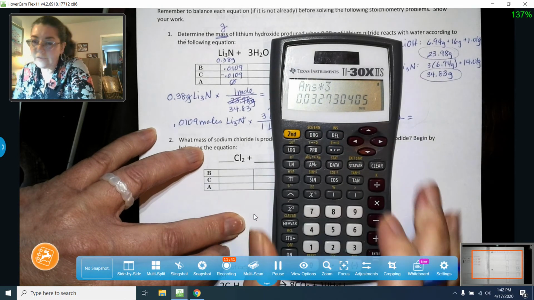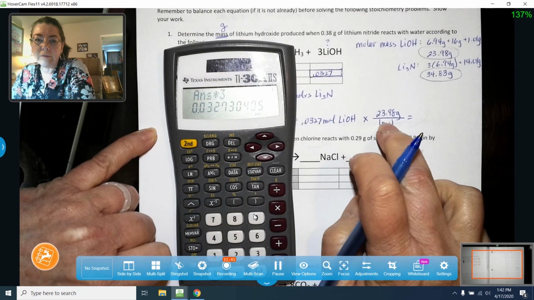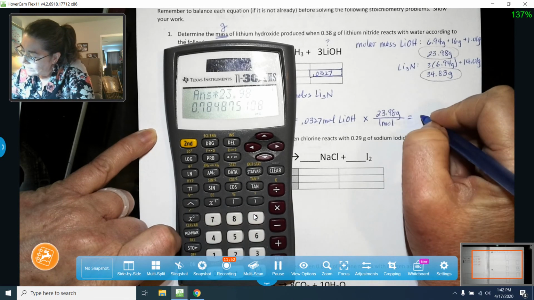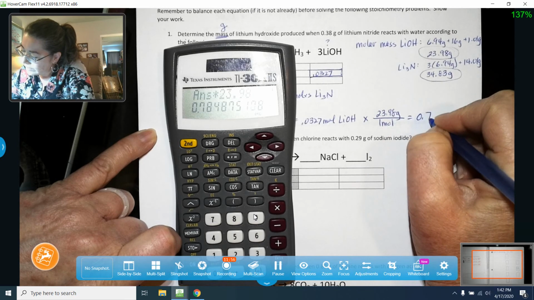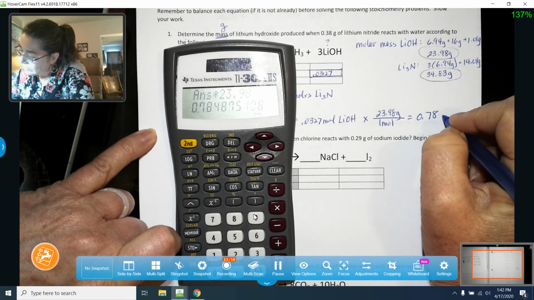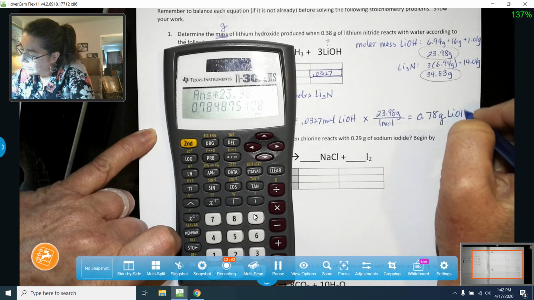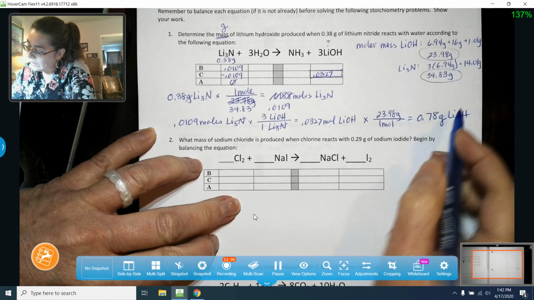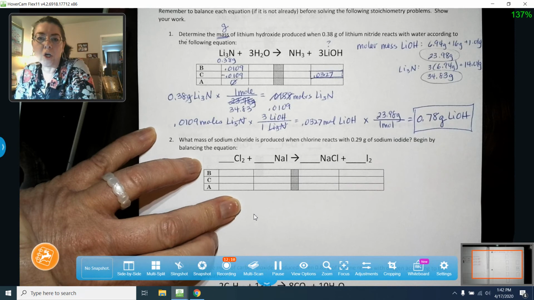Okay, so I already have this on my calculator. I'm going to multiply it by this number here, times 23.98, and I get 0.78 grams of LiOH. Right, this was LiOH. Yep. And this is my answer.